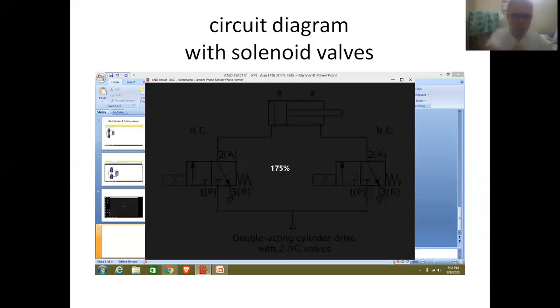One solenoid is for operating the plunger of the first DC valve, and another solenoid for operating the plunger of the second DC valve.